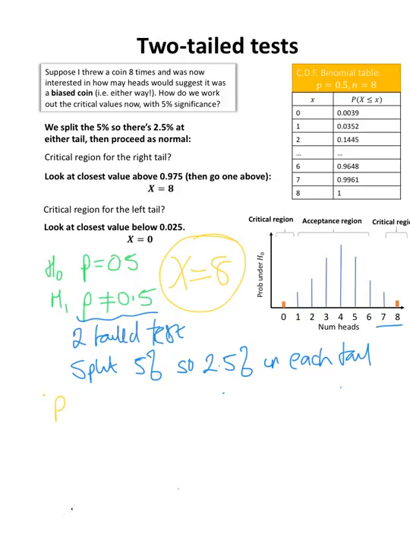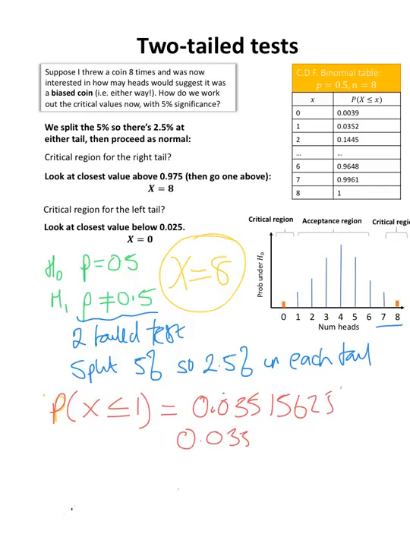So I'm going to work out the probability, let's change the pen colour, that x is less than or equal to 1, which is 0.035156625, and 0.035156625 is greater than 0.025. So I'm going to try the probability that x equals 0.